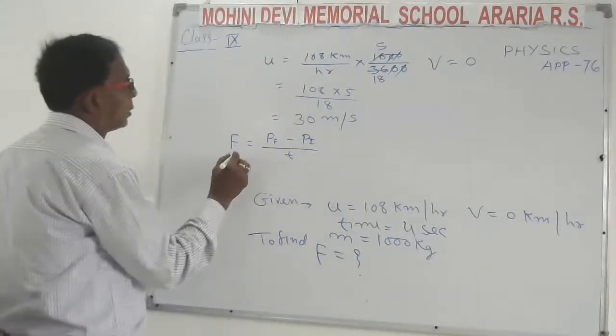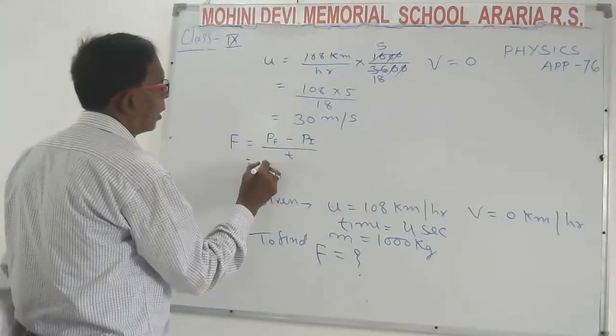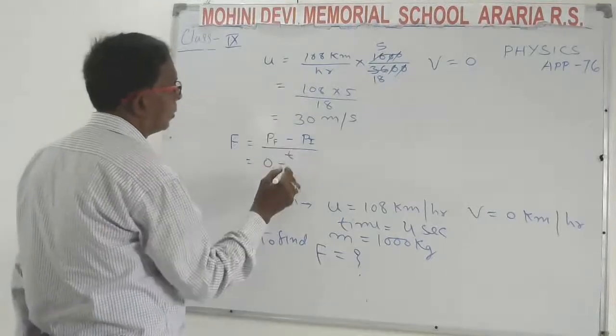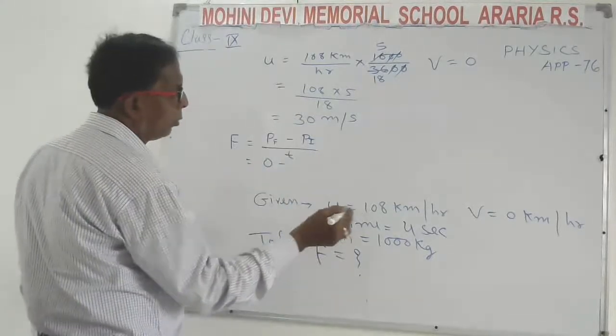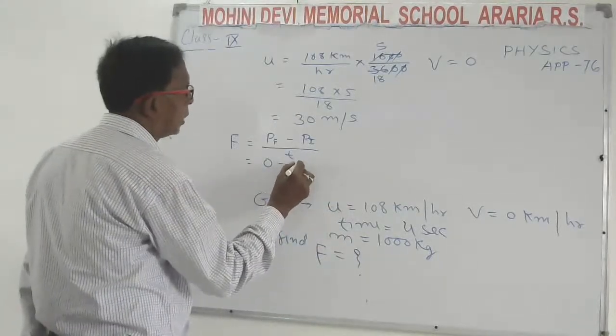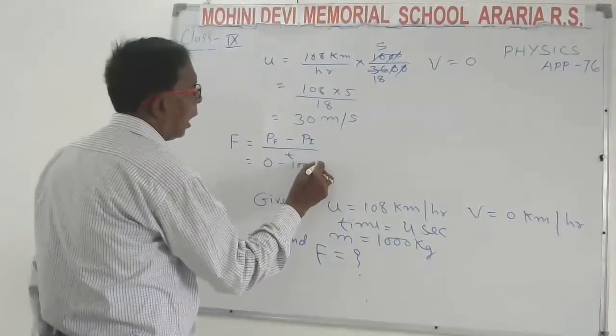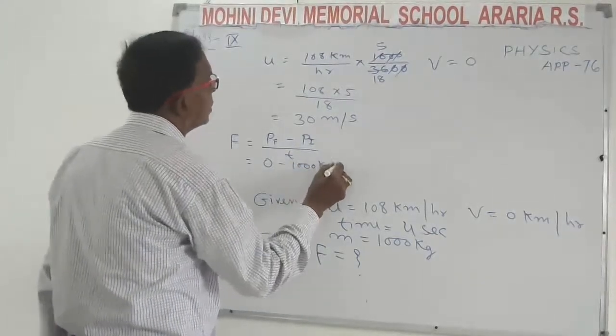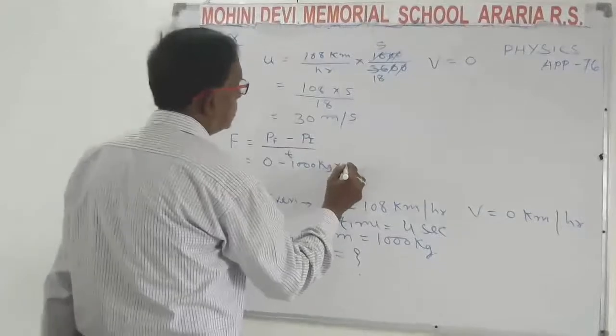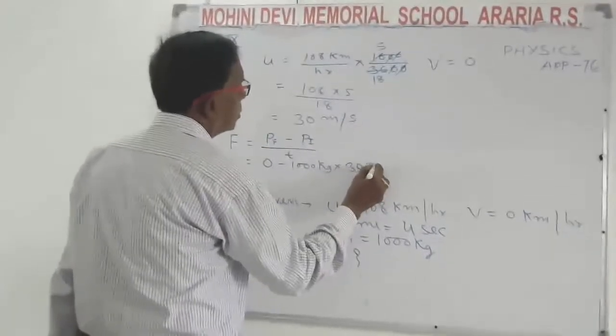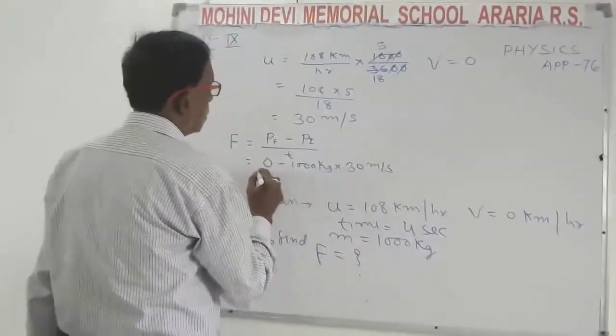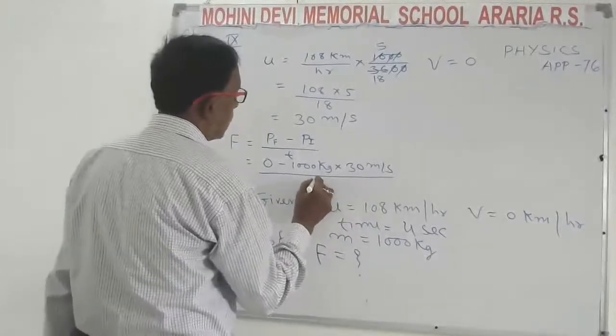The final momentum is 0. Initial momentum is equal to m times u. Mass is how much? 1000 kg. And initial velocity is 30 meter per second. And time is 4 seconds.